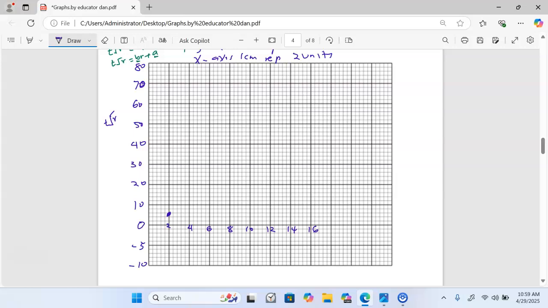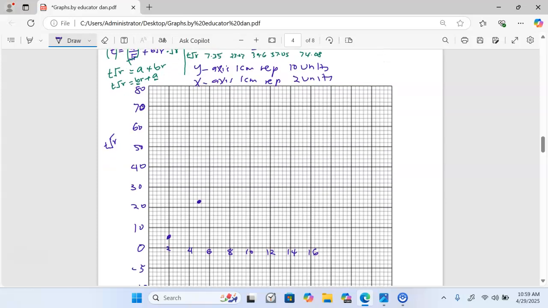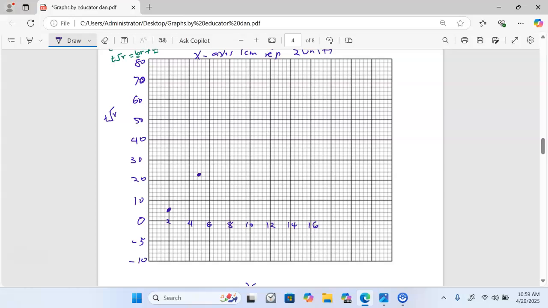This is 20, 22, 23 is here. Then for 8, we are going to have 39.6. 8 is between 6 and 8, so we are going to have 39 point something, which is roughly 40. So we are going to have our point there, probably slightly lower here.